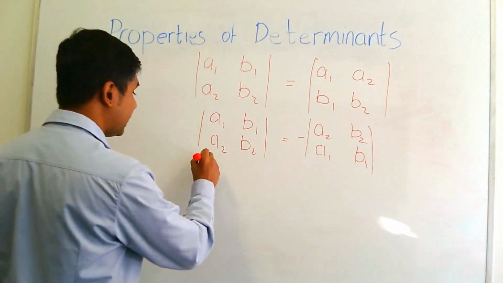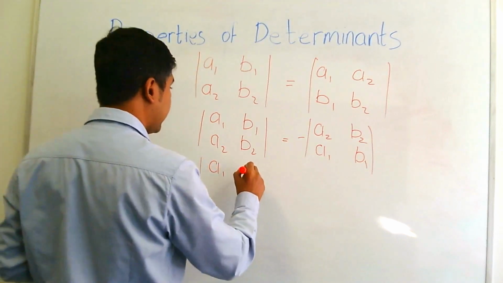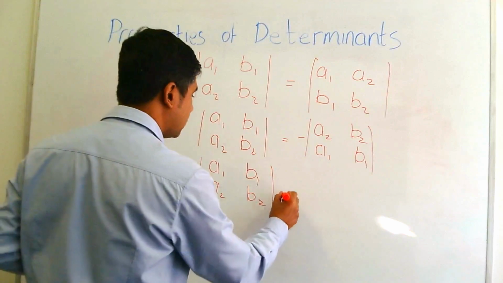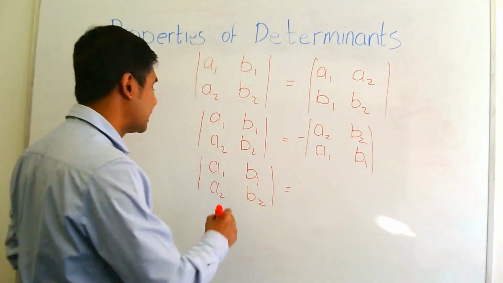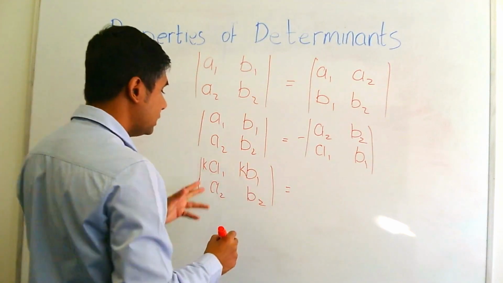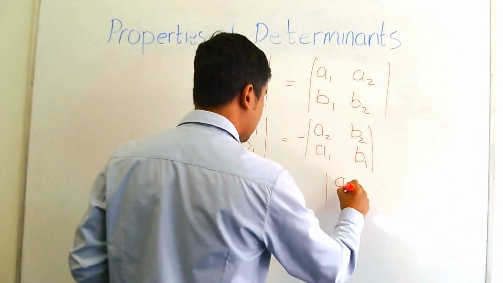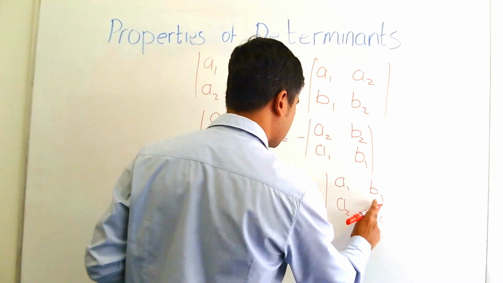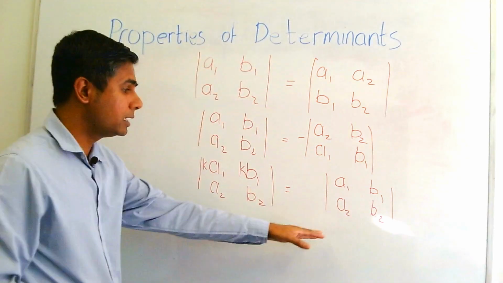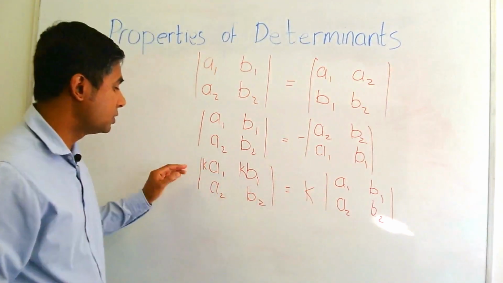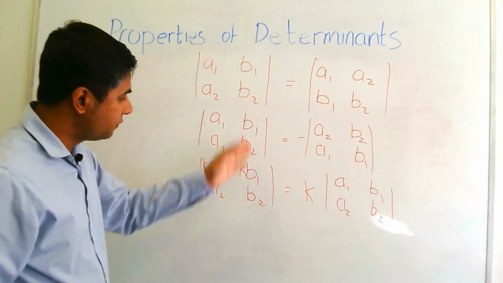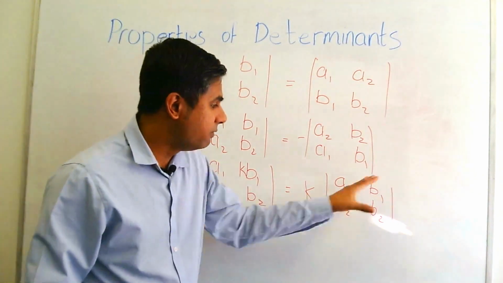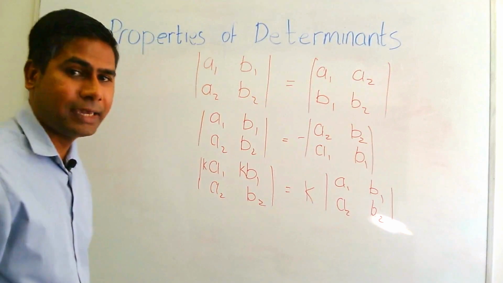Another property is if we take our same determinant, A1, B1, A2, and B2, and we take row 1 and multiply it by a factor K, so we have KA1 and then KB1, we'll get our determinant A1, B1, A2, B2, but the entire determinant is multiplied by this factor K. So if we multiply the first row or the first column, or even the second row or second column, any of the rows or any of the columns by a certain factor K, then the value of the determinant is multiplied by that factor K.